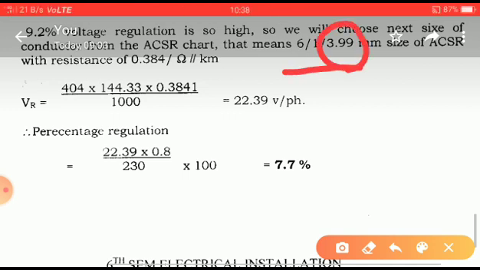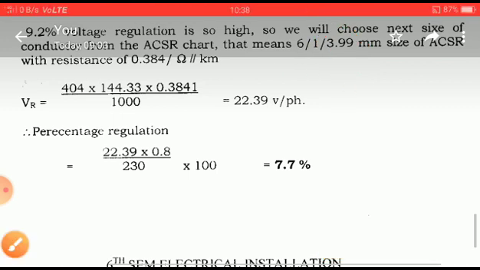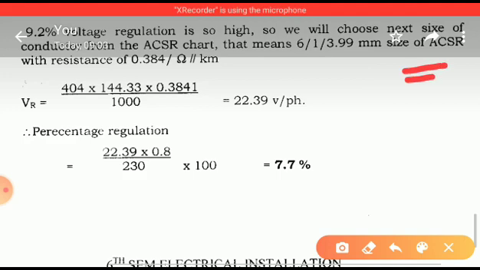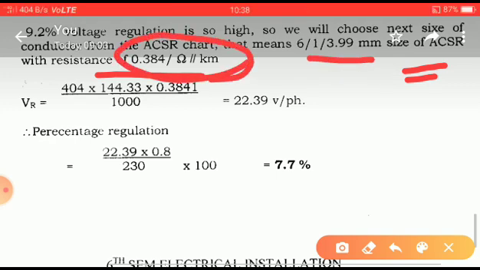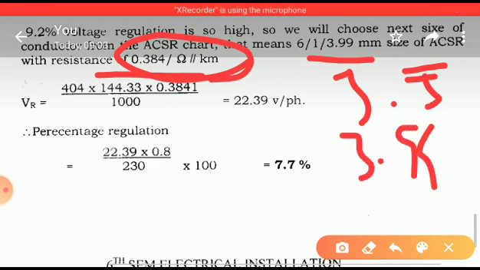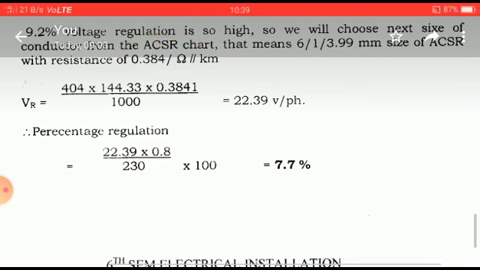Increasing the diameter reduces its resistance. From the ACSR chart we are considering 0.384 ohm per kilometer as the resistance, because previously it was 3.5 something and right now it is 3.99. So we are reducing its resistance.